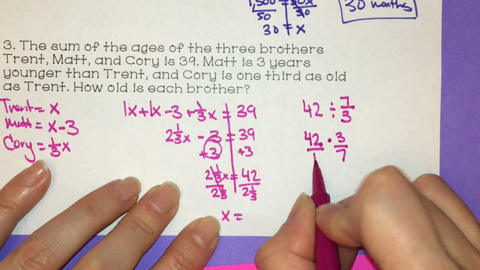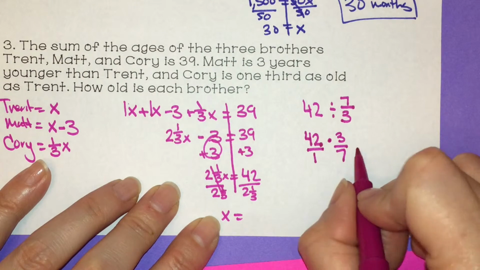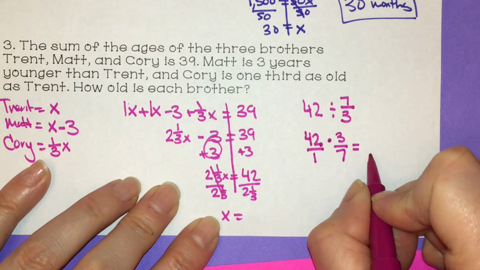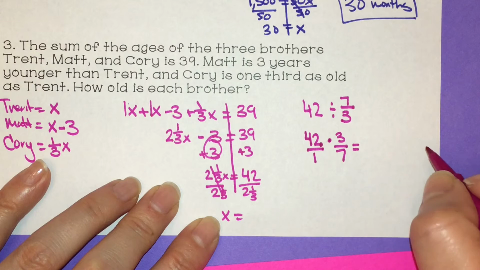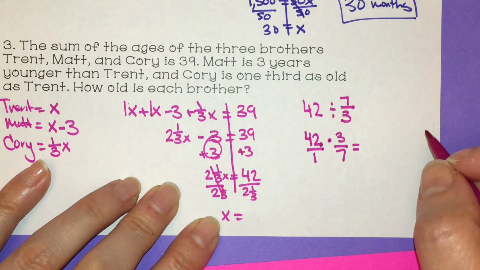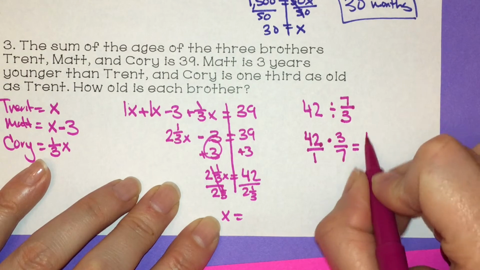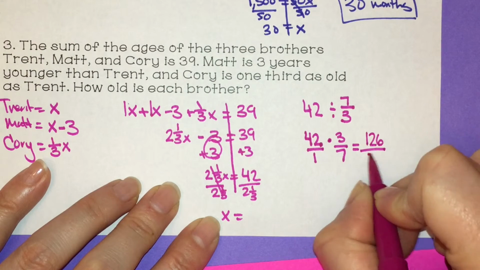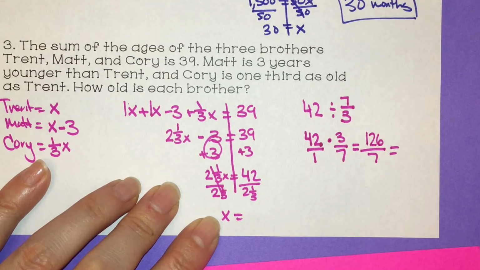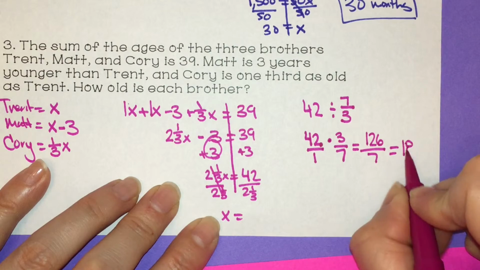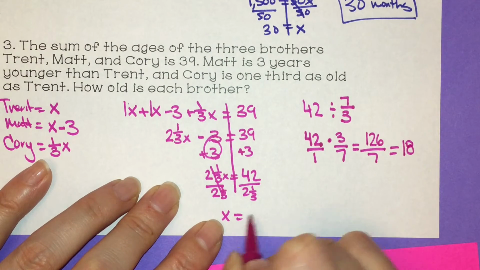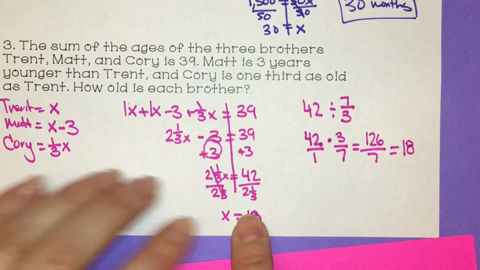I'm going to make my whole number into a fraction by putting a 1 below it. Now I can multiply straight across. We have 42 times 3. This gives us 126. 1 times 7 is 7, and 126 divided by 7 is 18. So that means x is equal to 18.